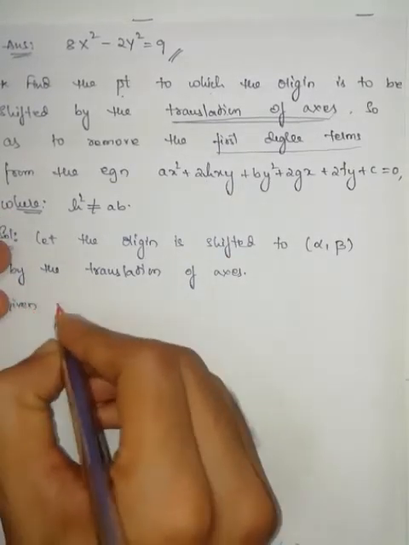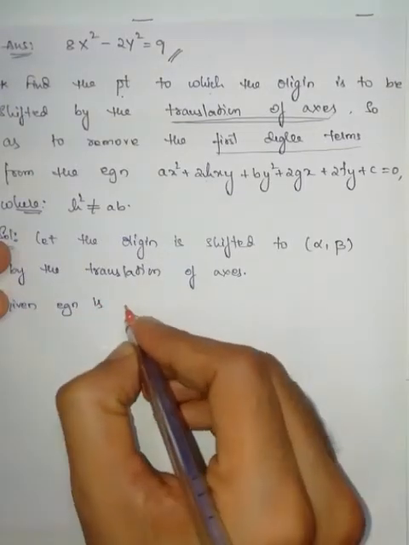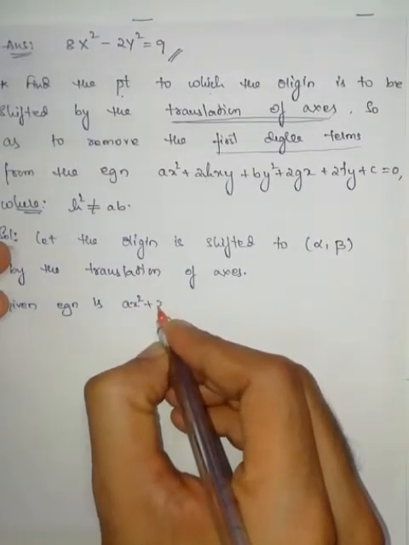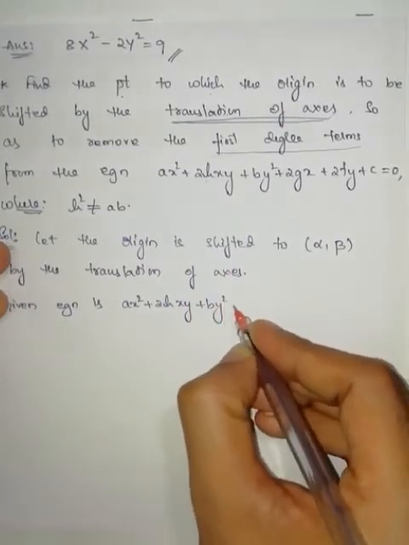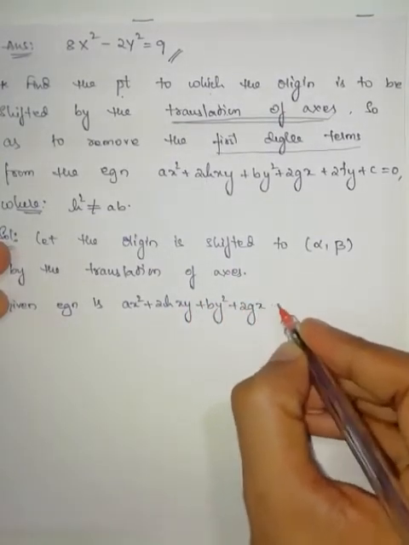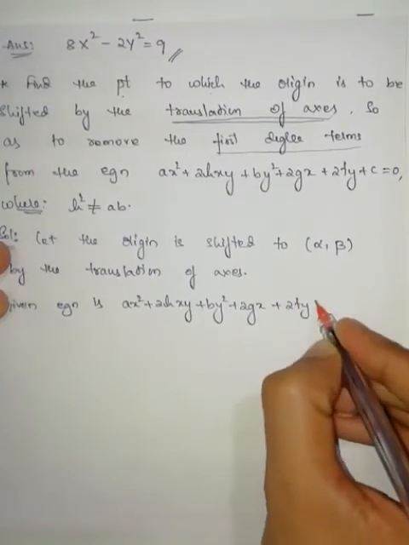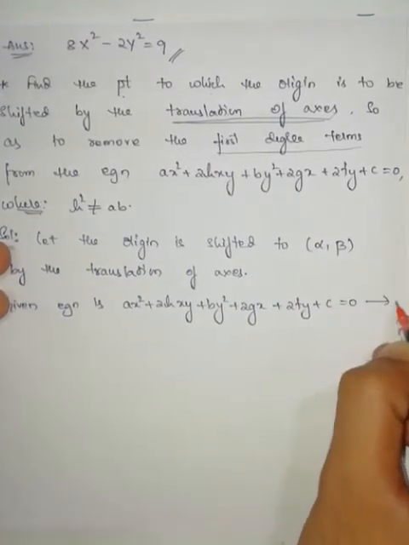Given equation is ax square plus 2hxy plus by square plus 2gx plus 2fy plus c is equal to 0, equation number 1.